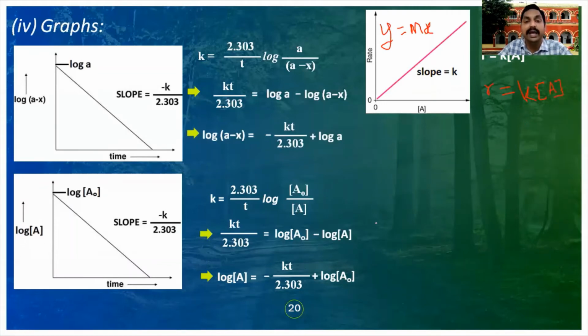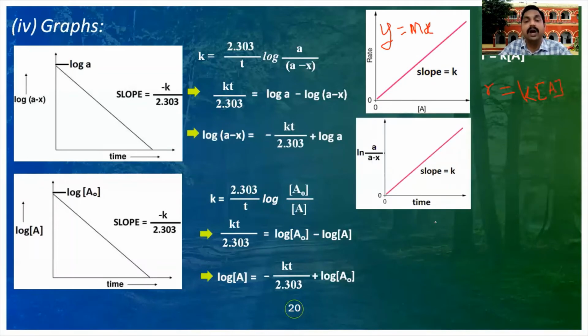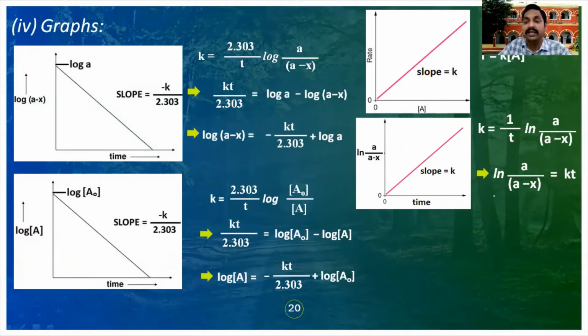Now we will see another graph. Here a graph is plotted between time versus ln A by A minus x. This expression we have already seen in case of rate constant. So we will go to the rate constant expression. We have rate constant k is equal to 1 by t ln A by A minus x, which implies ln A by A minus x is equal to kt.